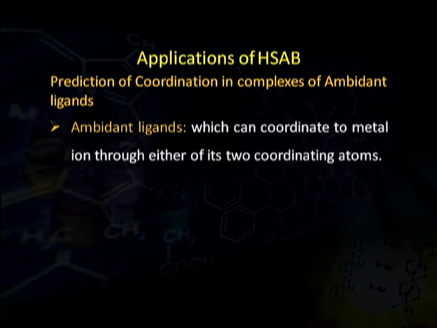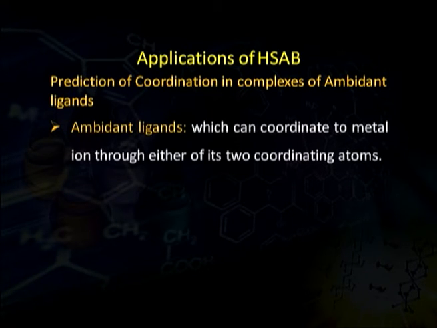Cyanide ion is made up of two atoms, C and N, and it can coordinate through C and also through N. If it coordinates through C to a metal, it will form a metal cyanide bond, but if it coordinates through nitrogen, it would form a metal isocyanide bond. Such ligands are called ambident ligands.